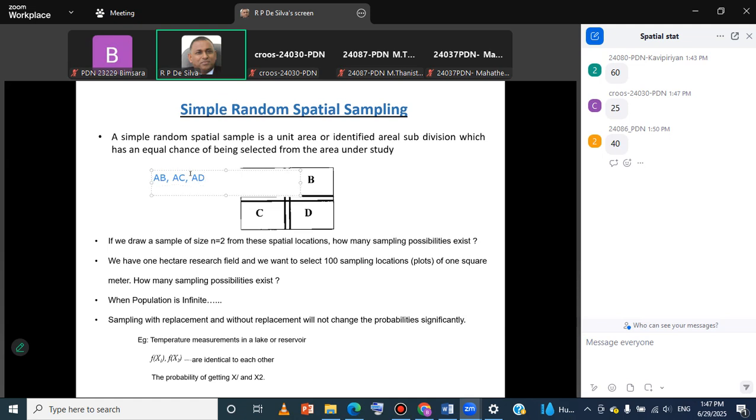Then BC, and then you can have BD, and also you can have CD. So these are your combinations. How many combinations do you have? 6. So if there are 4 sample locations and you are taking 2 at a time, you can take 6 combinations.